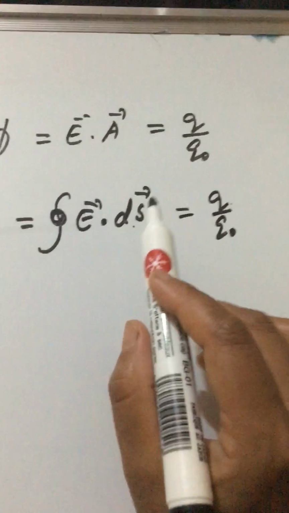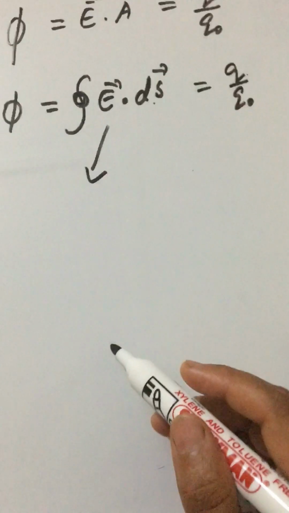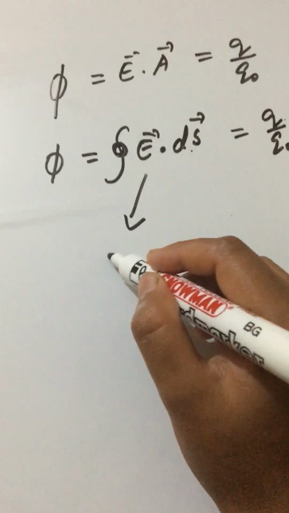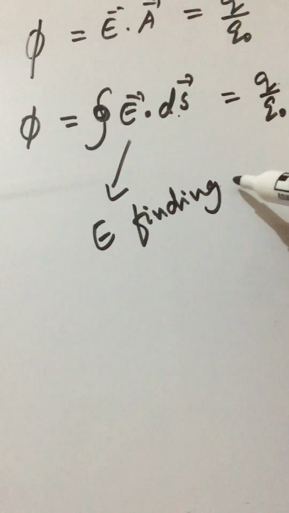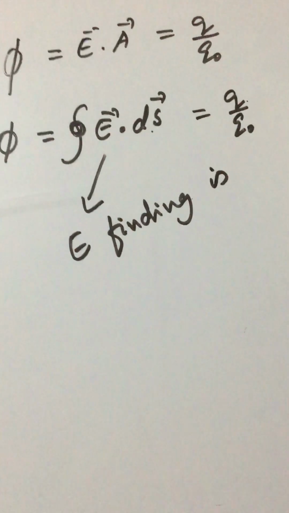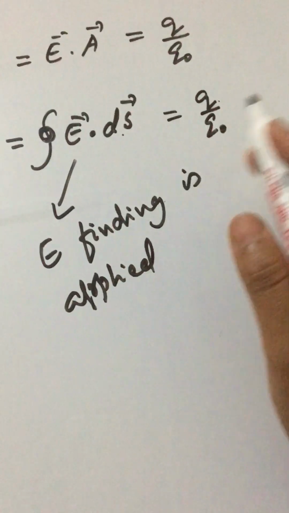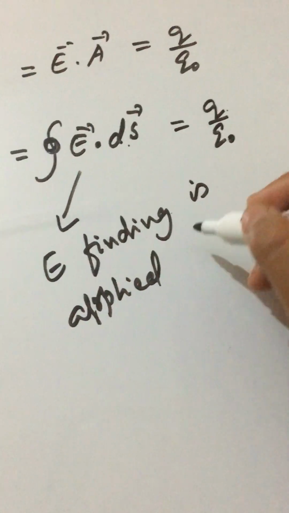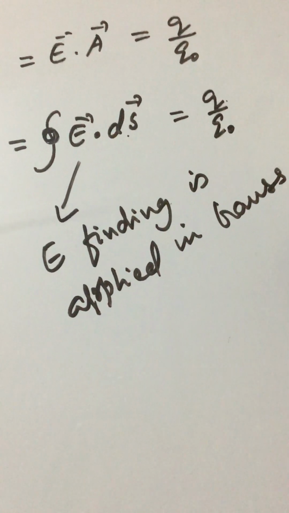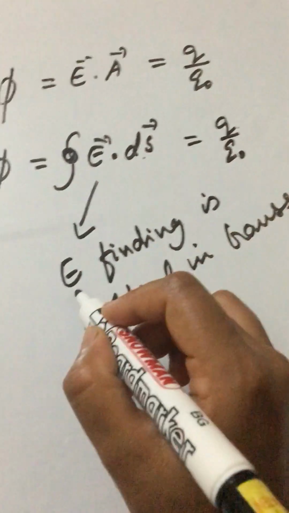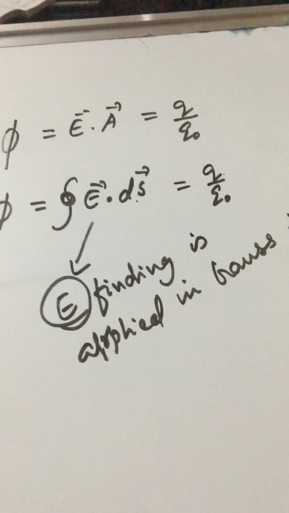So Gauss theorem is widely used for finding the electric field. Finding E is one of the applications of Gauss theorem, and for this we particularly use it.